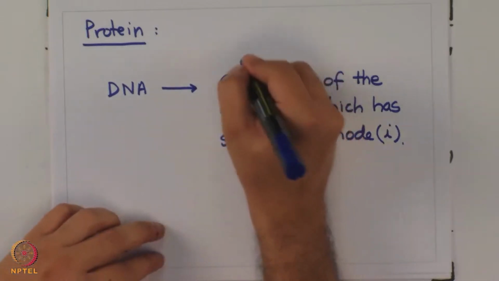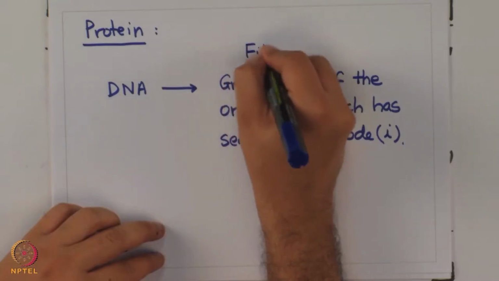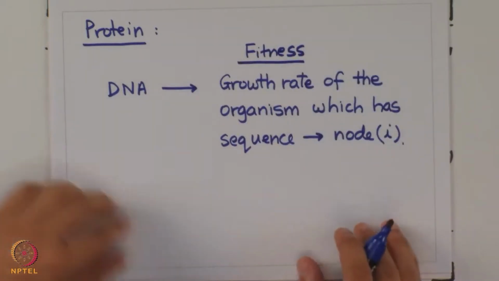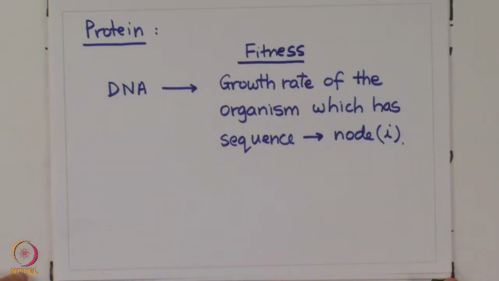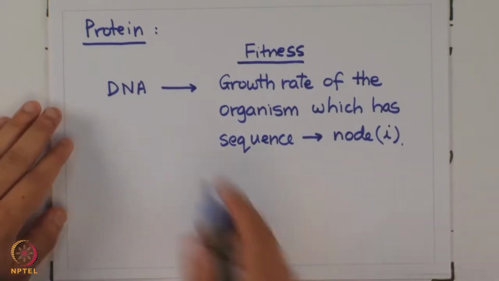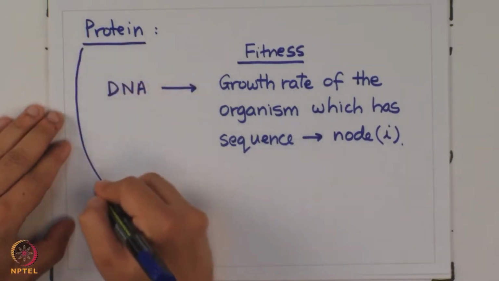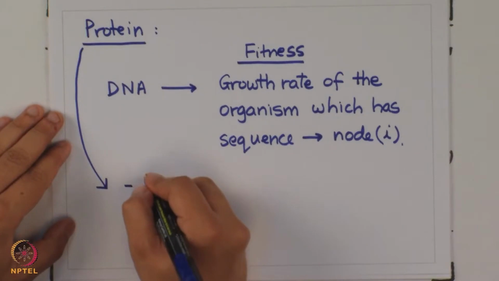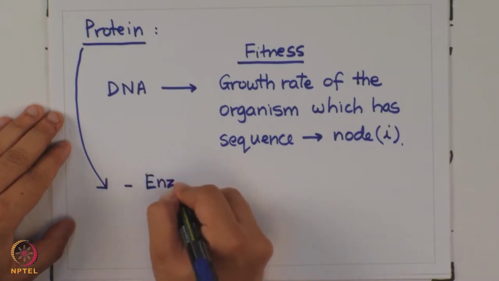So for DNA, fitness was defined as follows. But what's the corresponding fitness when we are talking proteins? Which is what this review paper that we just saw also talks about. So for proteins, you could have this defined a couple of ways. One could be the enzymatic activity.